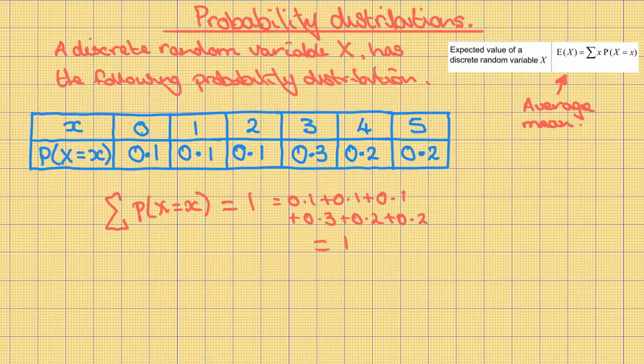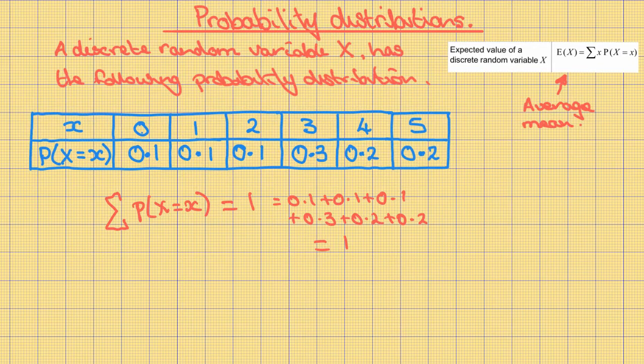You will always be able to find the expected value formula in the formula booklet. So the expected value of a discrete random variable x is equal to the sum of x times the probability that big X equals little x.